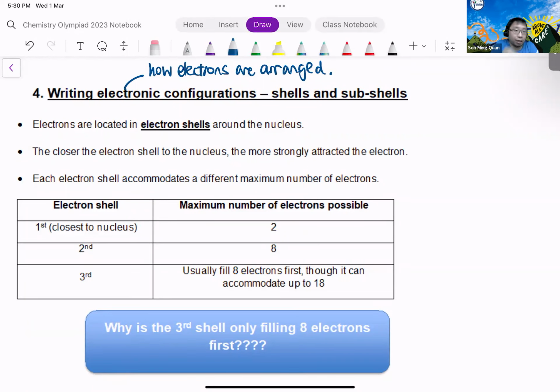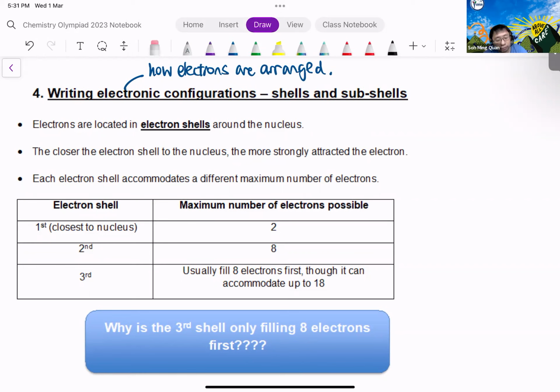The first electron shell, which is closest to the nucleus, can only accommodate 2 electrons. The second shell accommodates a maximum of 8. The third shell usually fills 8, though it can accommodate up to 18. So how do we apply this?